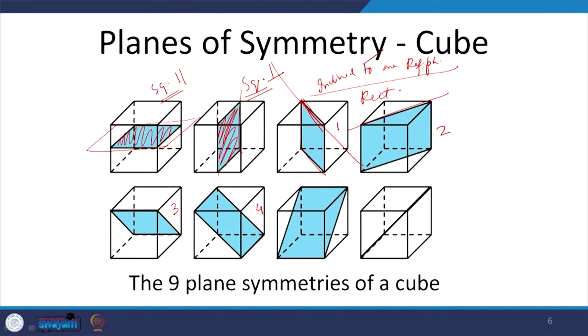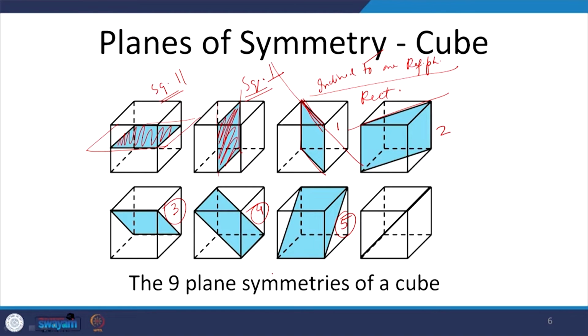In all these cases, and even 5, where it is inclined to both the planes, since a cube has all surfaces perpendicular to the adjacent surfaces, we will get rectangles in all these cases.